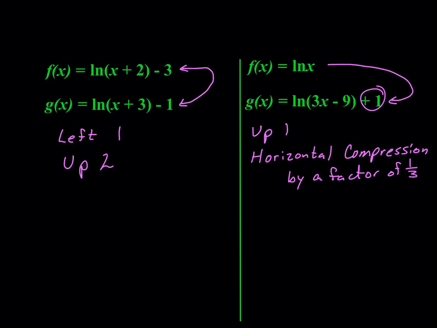Remember, it's the reciprocal value. And then, because we have a 3 in front of the x, you got to remember that we need to factor the 3 out of both of these terms. So what we have right here is really a shift to the right 3 units. It's not a shift to the right 9, it is a shift to the right 3 units.